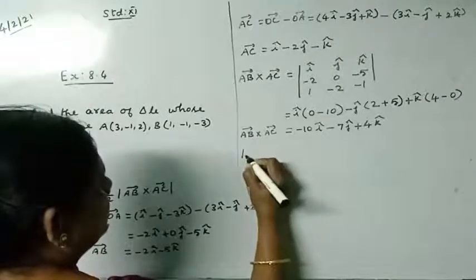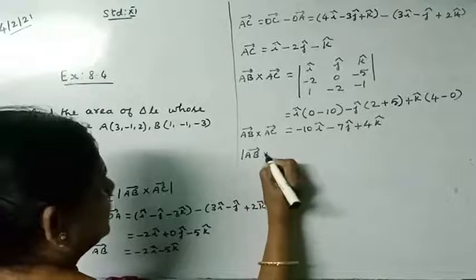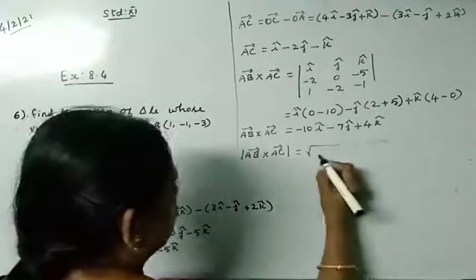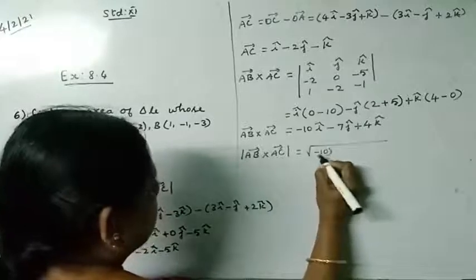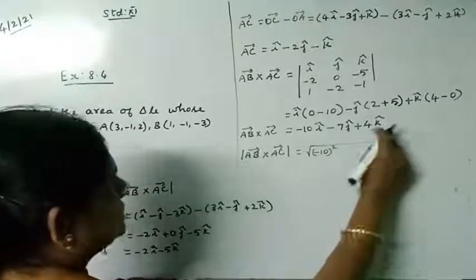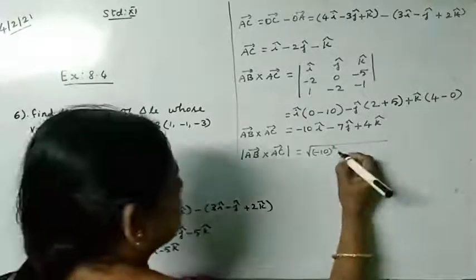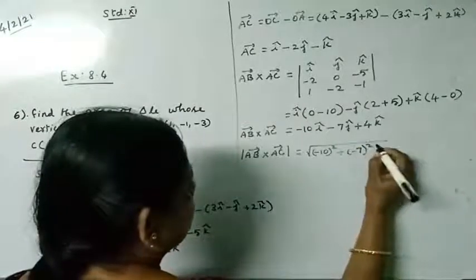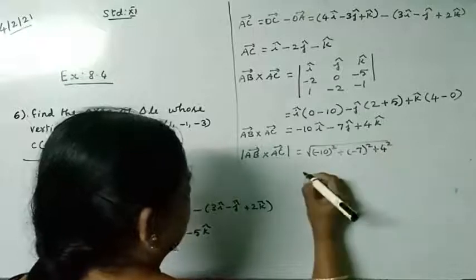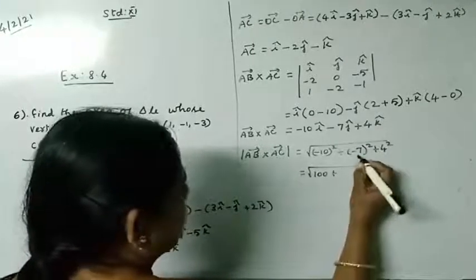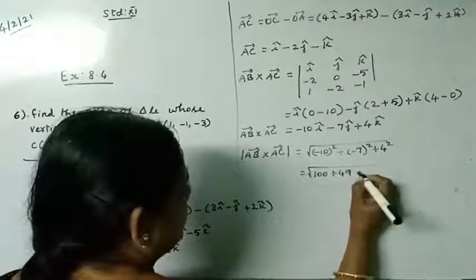Now we want to find modulus of AB vector cross AC vector. What should we do for the modulus? Square root of minus 10 the whole square. Take only these coefficients, square them and add. So plus minus 7 the whole square plus 4 square. So which is equal to square root of 100 plus 7 sevens are 49 plus 16.